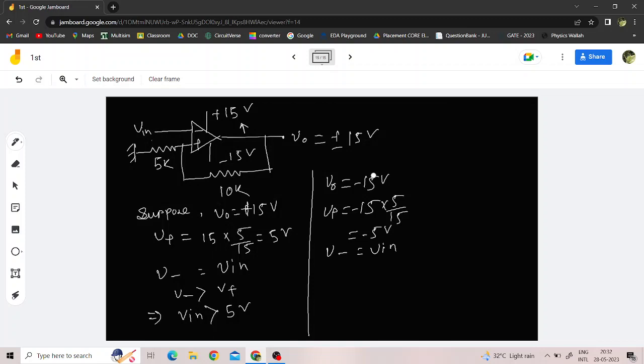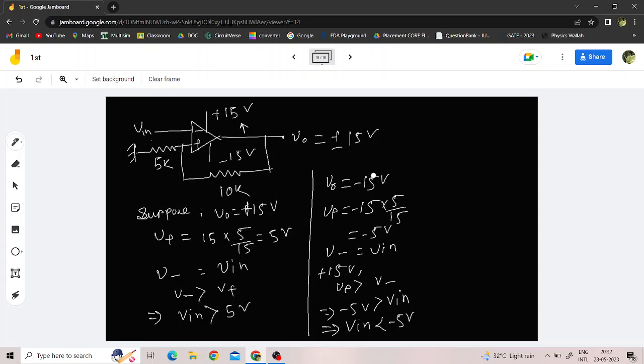So to change the output from minus 15 volt to plus 15 volt, we have to make V plus greater than V minus. So V plus is minus 5 volt, greater than V in. So V in must be less than minus 5 volt to change the output from minus 15 to plus 15 volt.